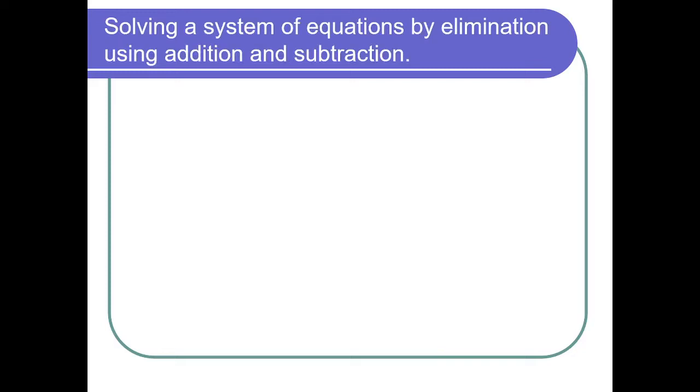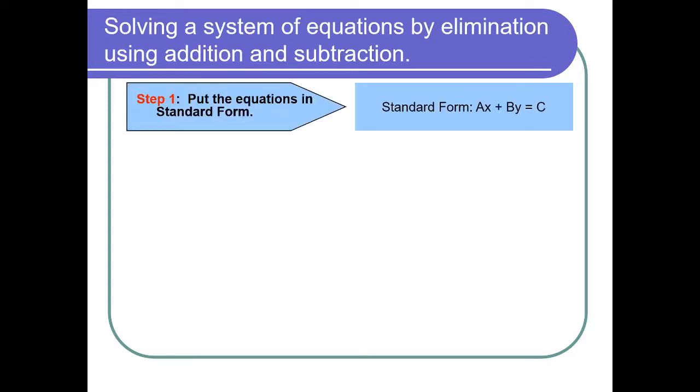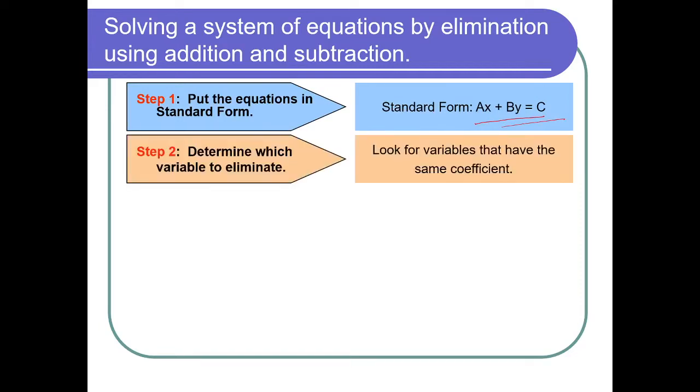Let's continue. Step number 1. Put the equations in standard form. Okay? So again, this is the standard form. So take note of that. Step number 2. Determine which variable to eliminate.